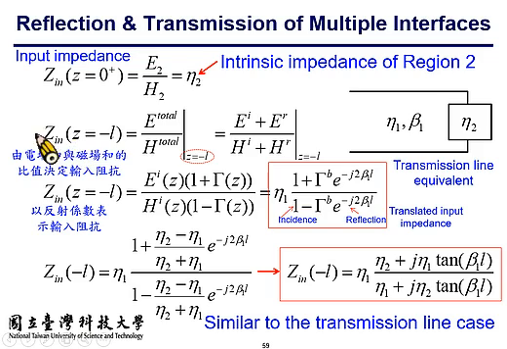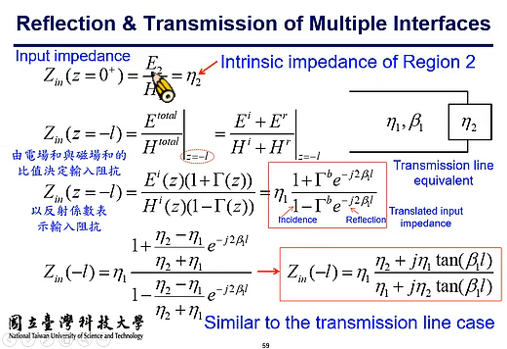And the input impedance, by definition, as I already said, impedance Z is the ratio of E field over H field. So the input impedance at this location is the total E field over the total H field. It can be decomposed into the summation of the incident E field and the reflected E field, over the incident H field and the reflected H field.